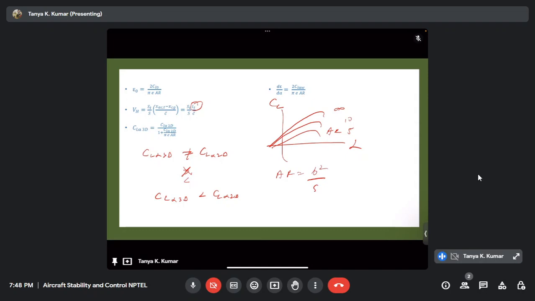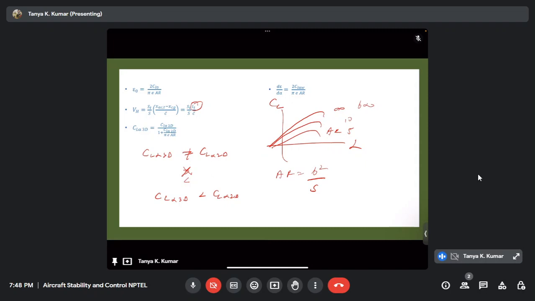Where B is the span and S is the wing surface area. So for an infinite aspect ratio, what else would be infinite? Span, right? So that means B is infinite. Infinite span is something that's associated with the airfoil. So an airfoil is a wing of infinite span, whereas a wing has a finite span, right?